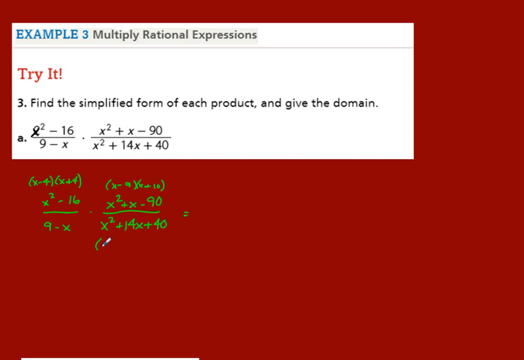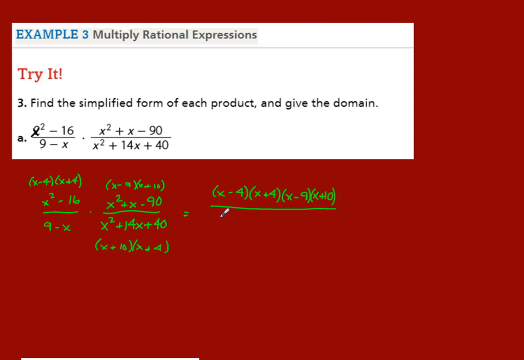This one is x and x, and I need to make a 40, so it'll be 10 and 4, and they're both positive. So what I have here is, I'm just going to write everything down straight across: x minus 4, x plus 4, x minus 9, x plus 10. That was my numerator since it's been factored and multiplied together.